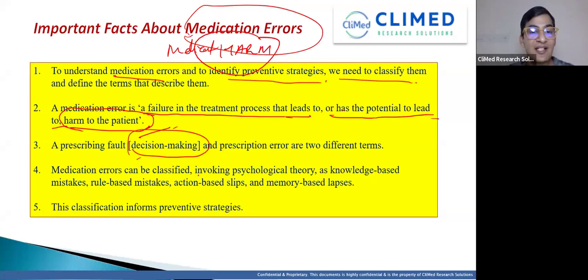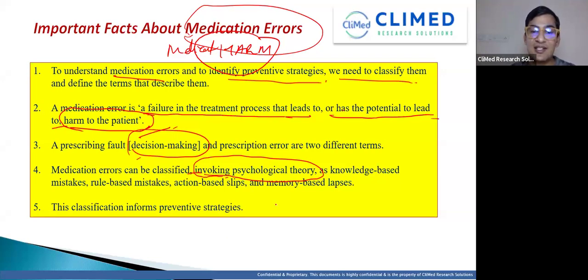Medication errors can be classified by invoking psychological theory. What does that mean? There are some intentional and some non-intentional mistakes. Some are rule-based errors: some people are following the good rules, or some are not following the good rules. But along with that, there are some who are following the bad rules.